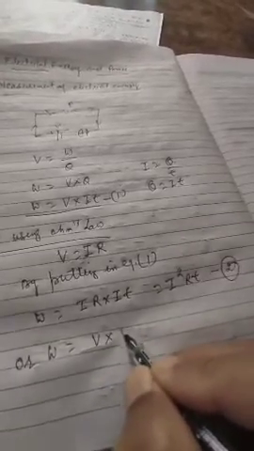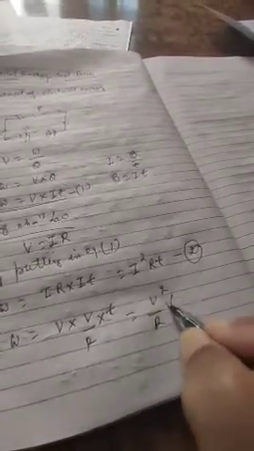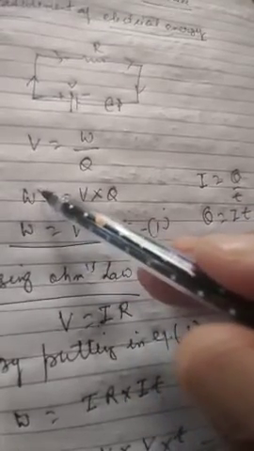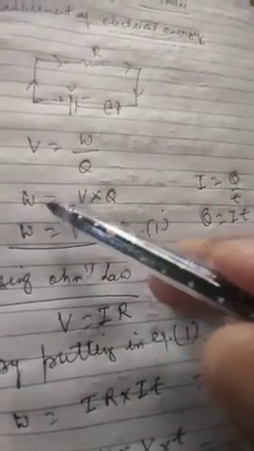V into I is equal to V upon R into T. So this is equal to V square upon R into T. So the electrical energy supplied by the source, that is equal to work done, is equal to V into Q, W is equal to V into IT, then W is equal to I square RT, or W is equal to V square upon R into T. These are the expressions for electrical energy by the use of Ohm's law.